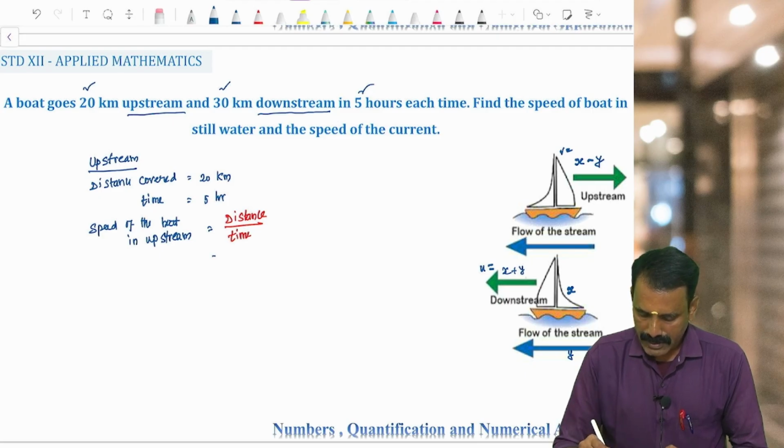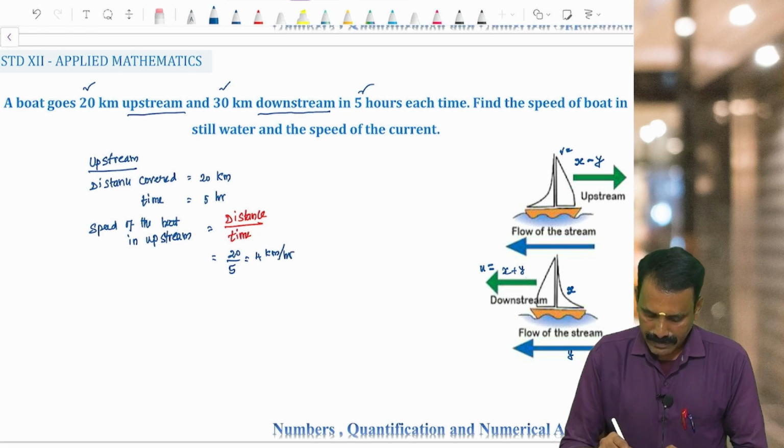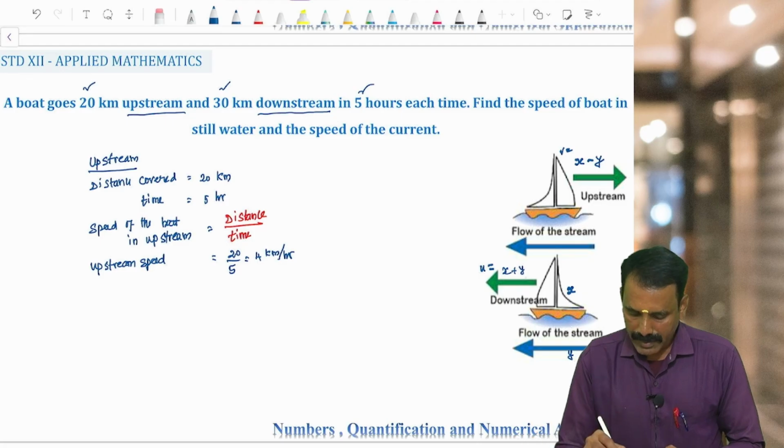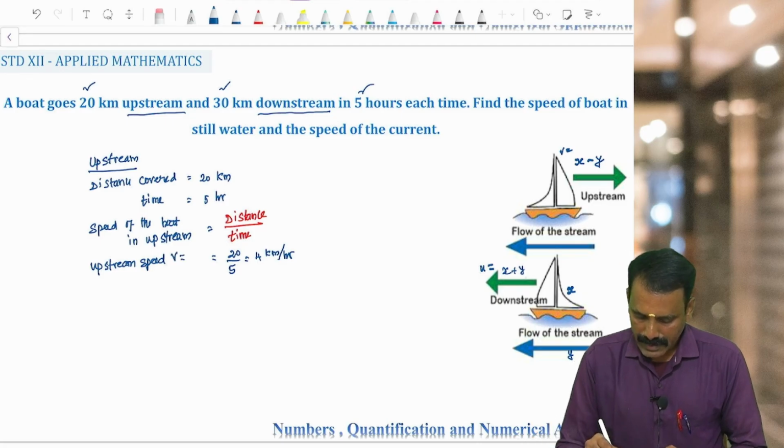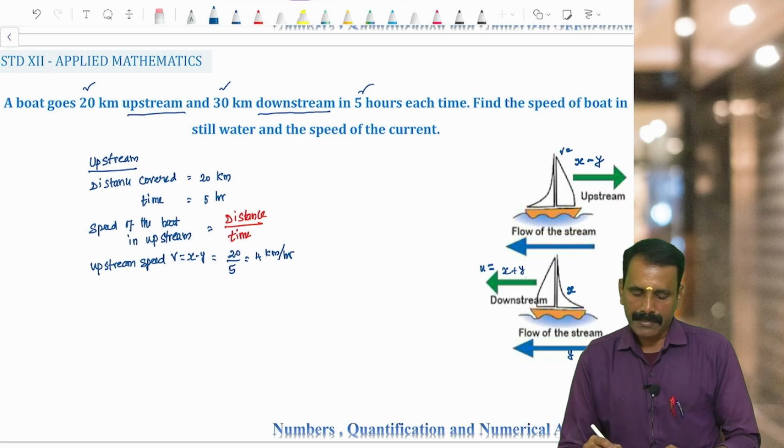When we substitute, it is going to be 20 divided by 5, which is nothing but 4 km per hour. So this is your speed of the boat in upstream. Upstream speed we denote by V, and it is nothing but x minus y usually.